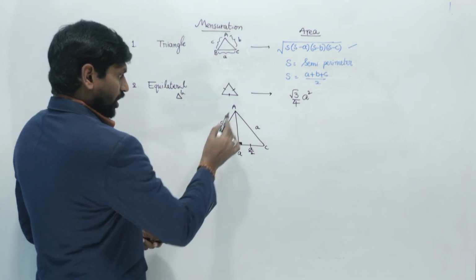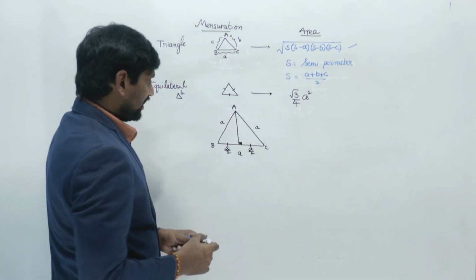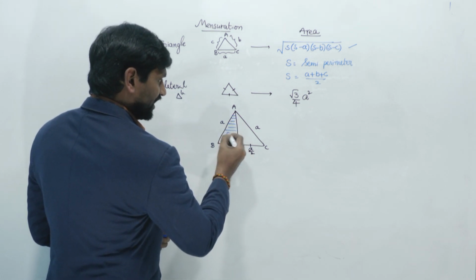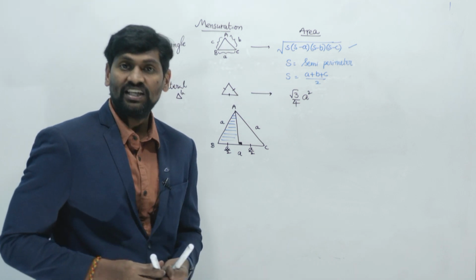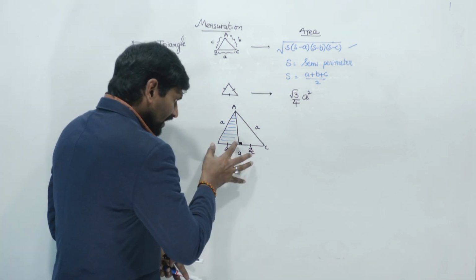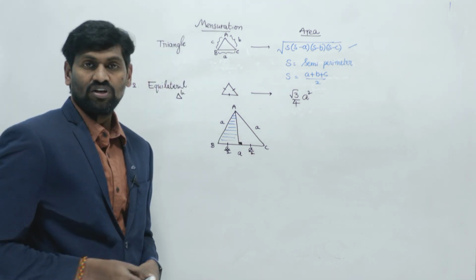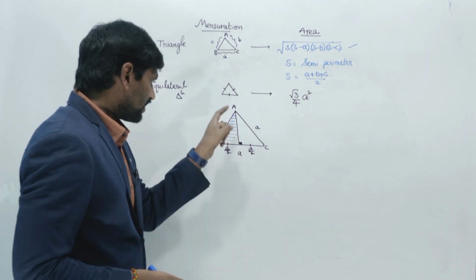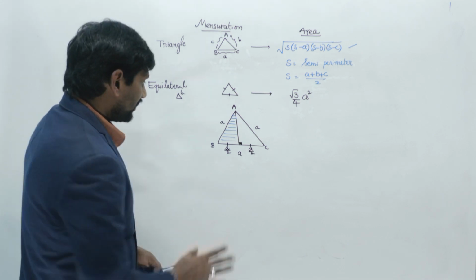Now I am using the right angle triangle. From the right angle triangle, you should identify the Pythagoras theorem. For a right angle triangle, the side opposite to the right angle is called the hypotenuse, and the remaining two sides are taken as sides.